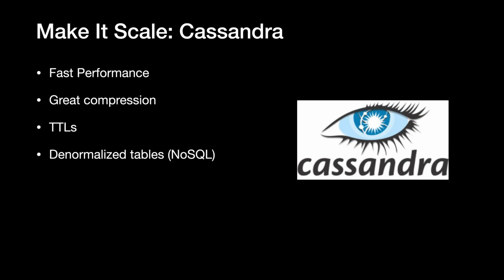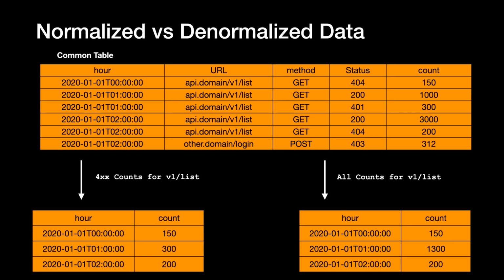And the reason for that is that it asks you to denormalize your tables. What that means is that with MySQL, you typically take an approach where you want to normalize all your data. Amongst other things, that means you want to prevent duplication of your data as much as possible. And generally this is a good idea.